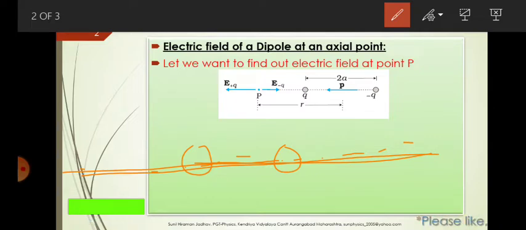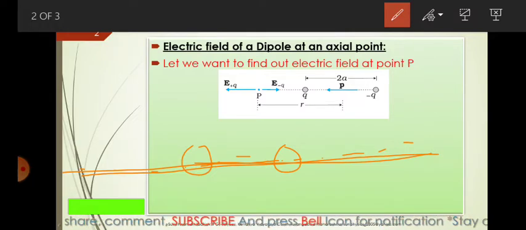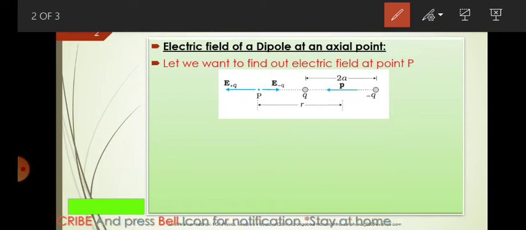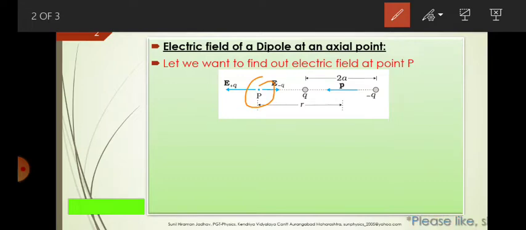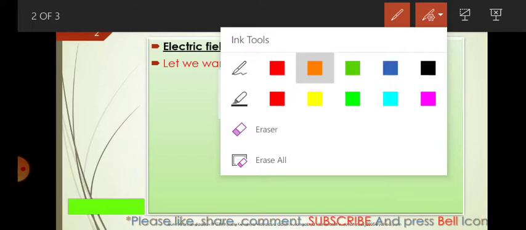It means if I take an imaginary axis and extend it, and the point lies on that axis, we can call it an axial point. So our intention is to find the electric field at point P due to these charges q and minus q, or say due to the dipole.